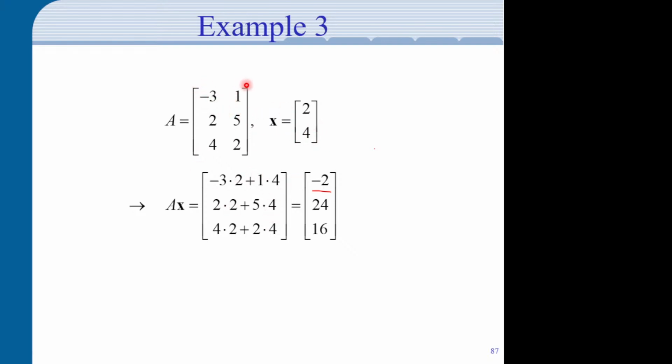The first row times the first column gives minus 3 times 2 plus 1 times 4. The second element is the second row times the first column, so 2 times 2 plus 5 times 4. The third element is the third row times the first column, 4 times 2 plus 2 times 4. And you do the elementary school math, you get this.